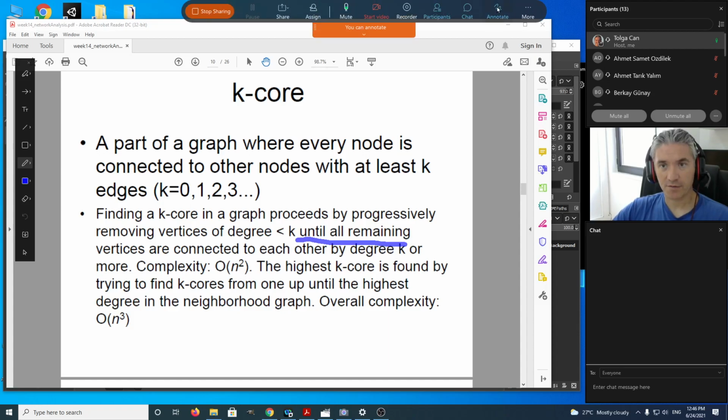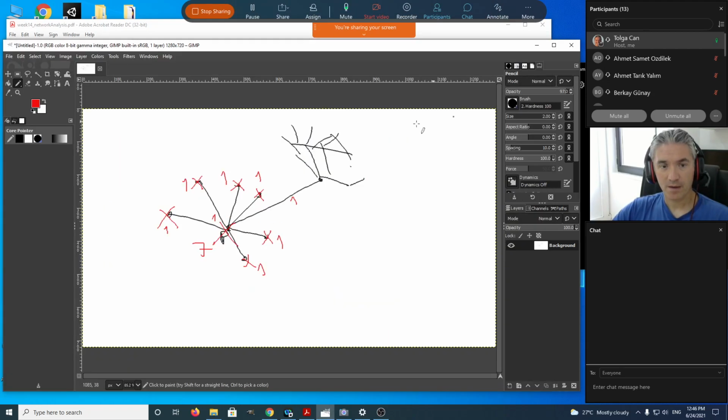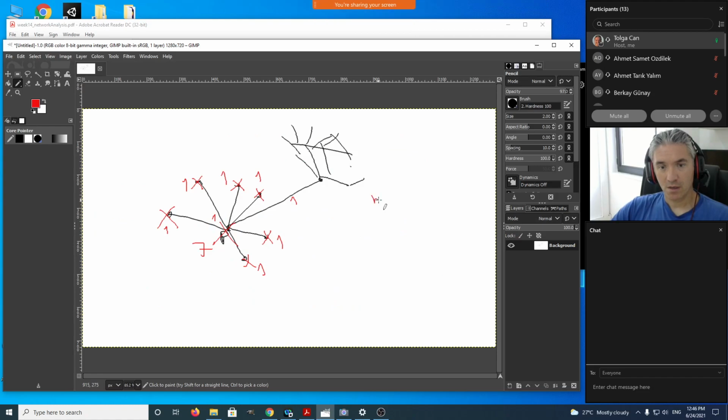Let me actually write the pseudocode here. So while there are, for example, we can actually do it like this: while still left, we can have a flag that says still left.